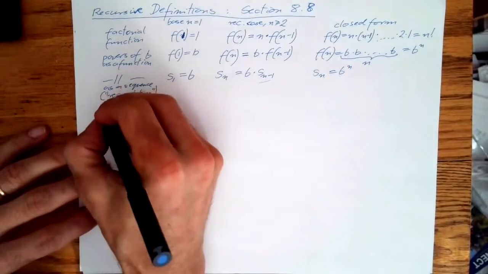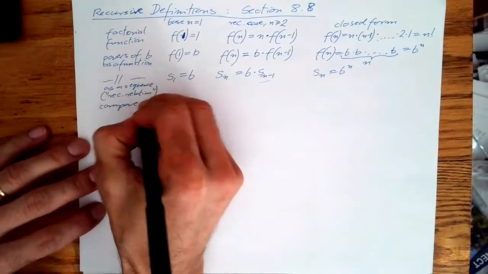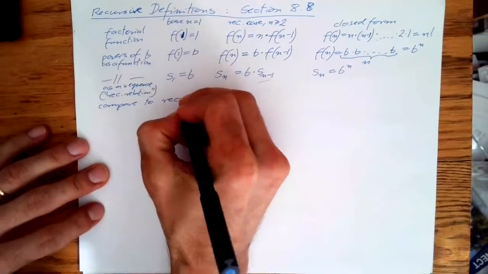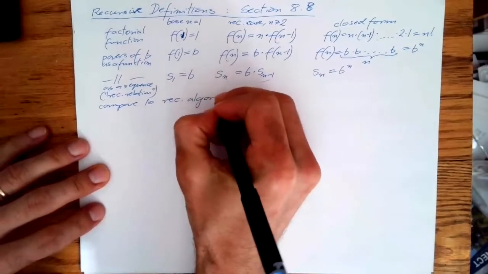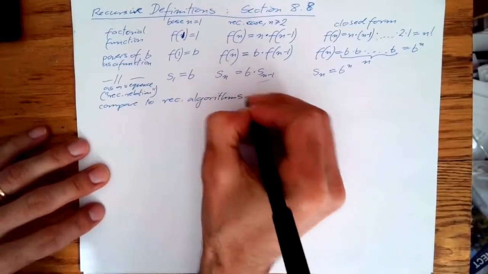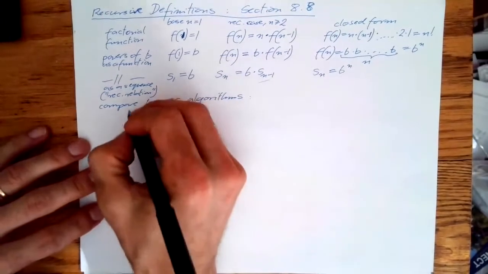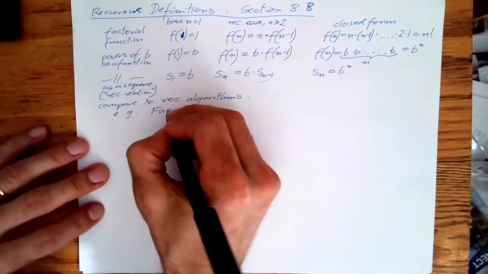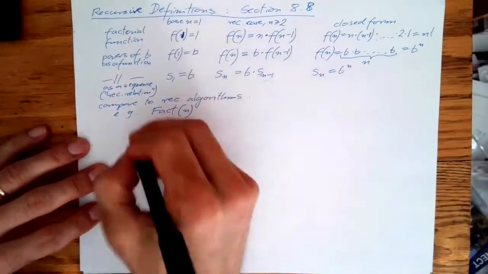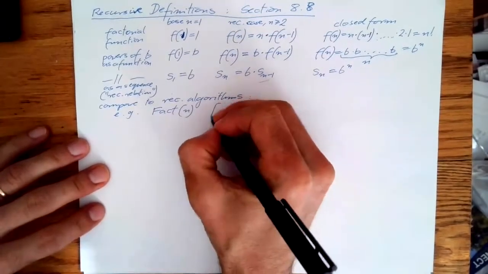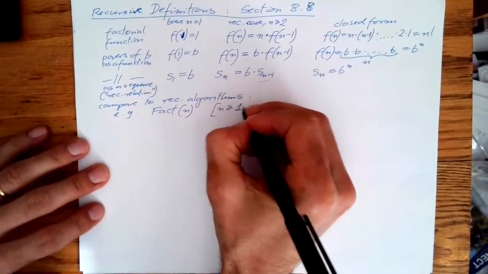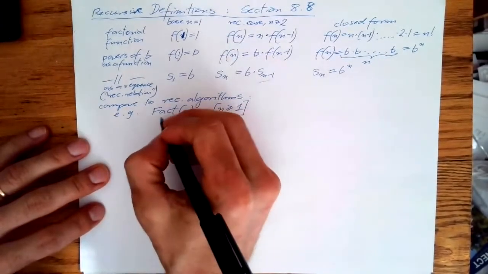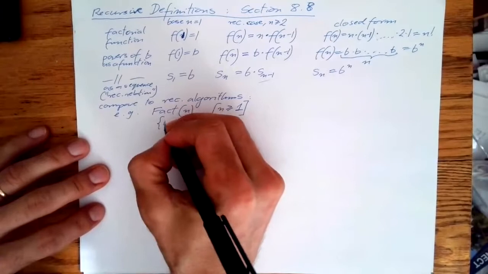Okay, also compare to recursive algorithms. For example, a factorial algorithm. What would be the recursive algorithm for a factorial? Here I'm assuming n greater or equal to 1. Well, the algorithm could be like this.